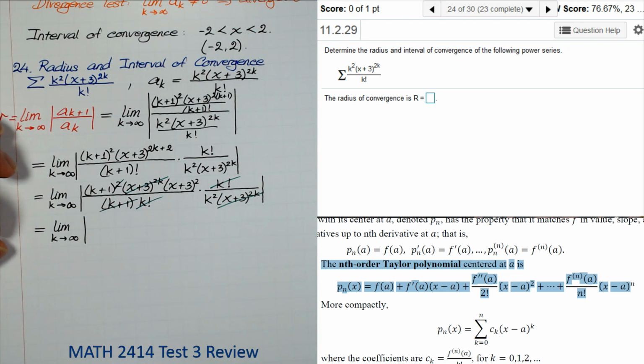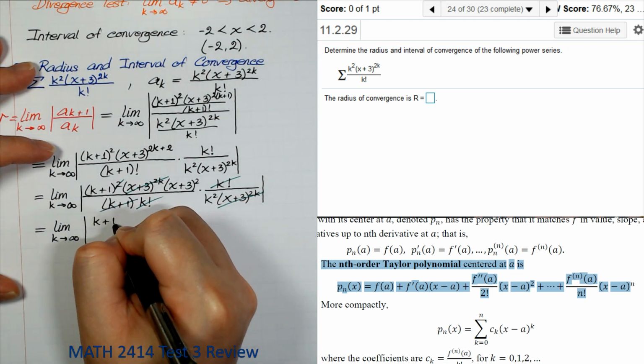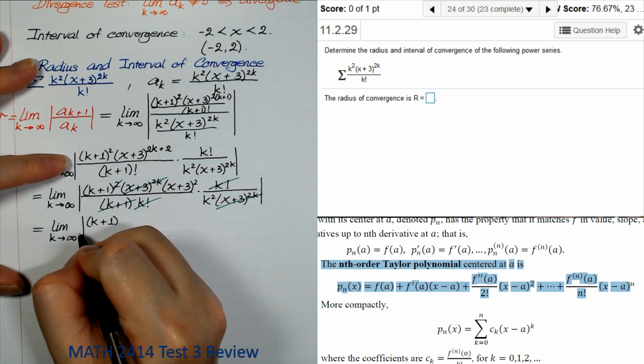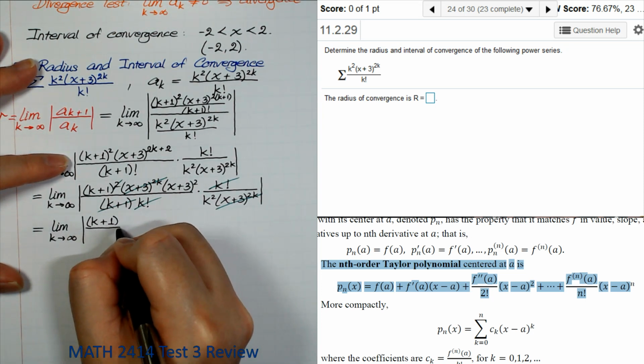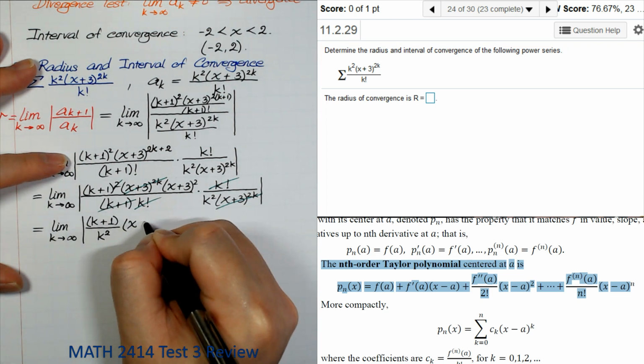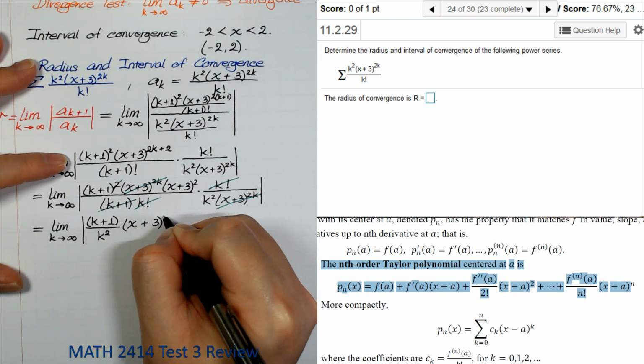Right, what's left? k plus 1 over k squared.